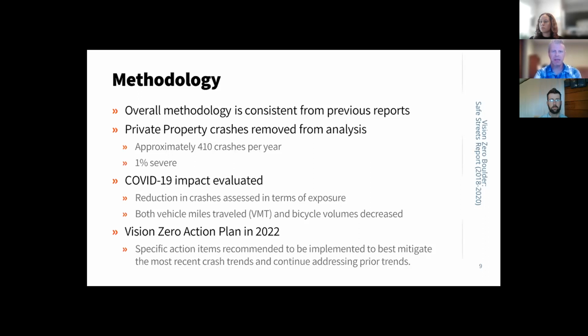And the third change we made was to separate our Vision Zero action plan from the Safe Streets report. We have a vision to change our action plan to make it much more actionable and fiscally constrained. And we envision taking most of next year to complete that update to our action plan.